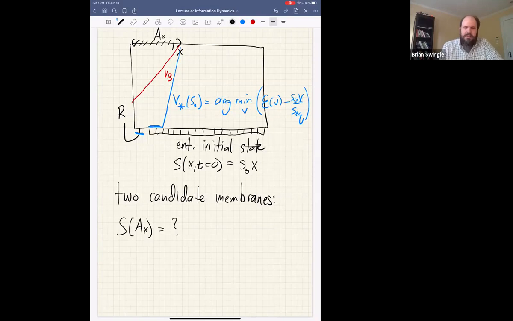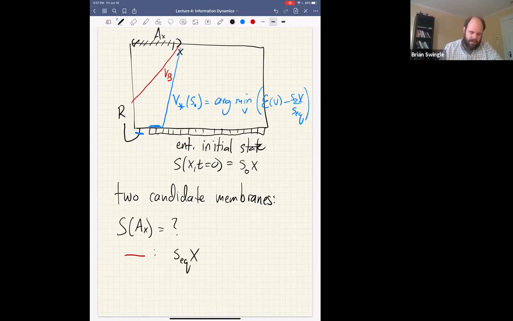And so there's basically two situations here, right? If the red surface dominates, then the entropy is equal to S equilibrium X, right?